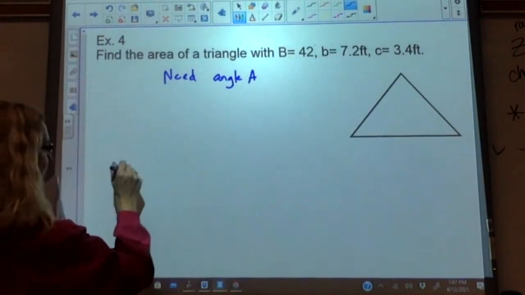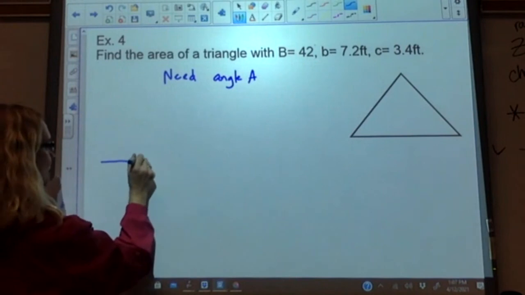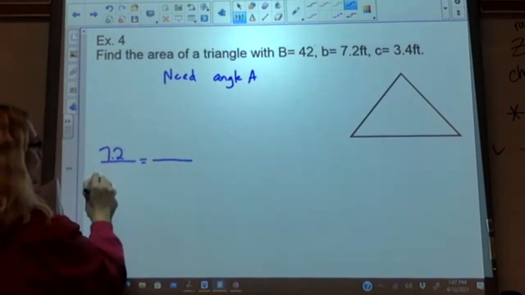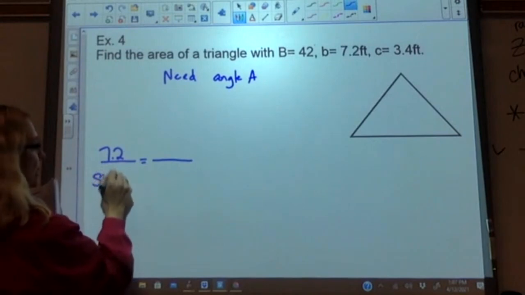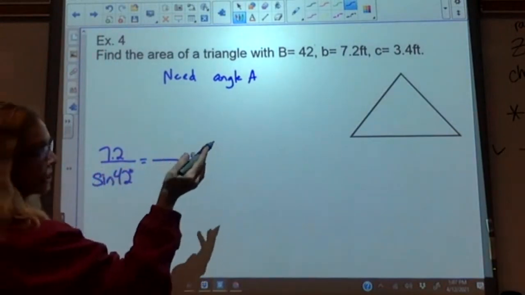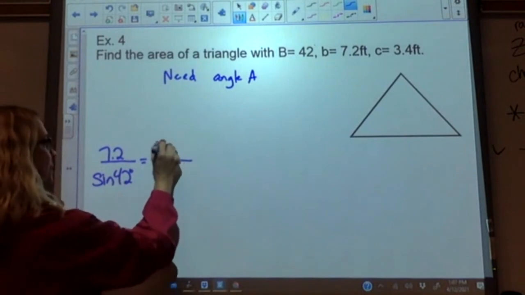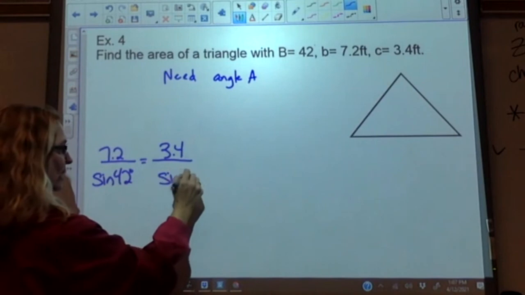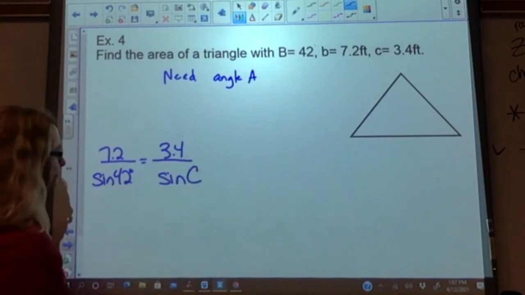I'm going to go through C first. I would have 7.2 over sine of 42 degrees, and then the only other piece of information I have is C, so this is 3.4 over sine of angle C.